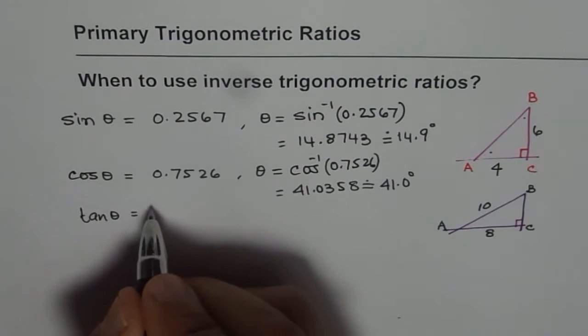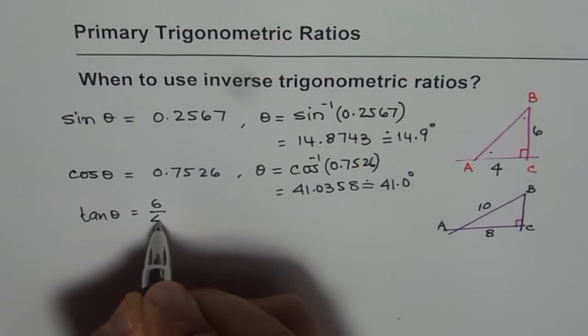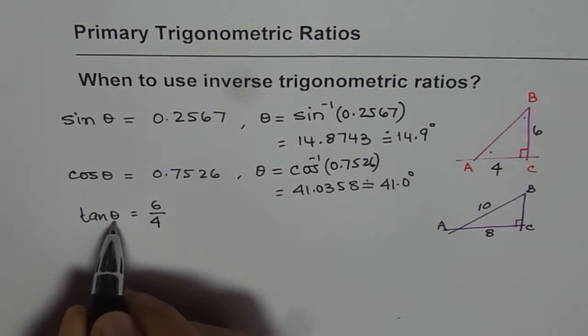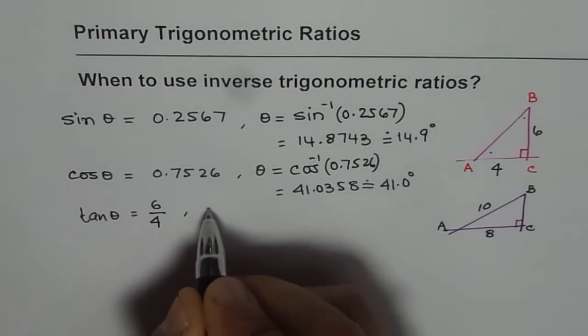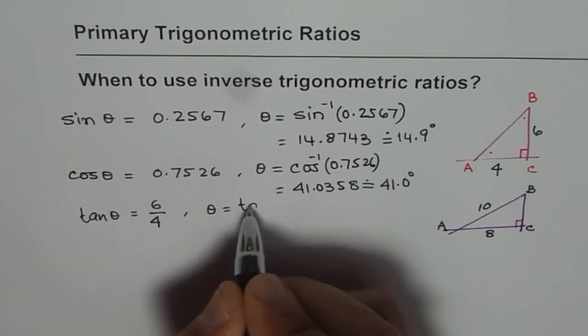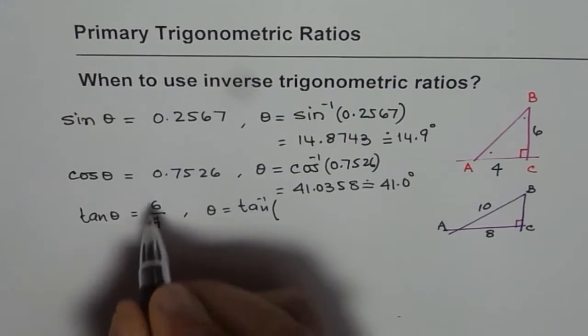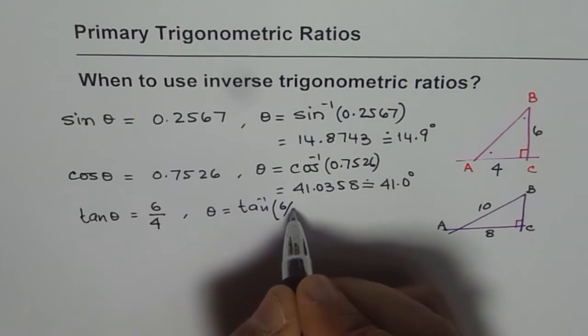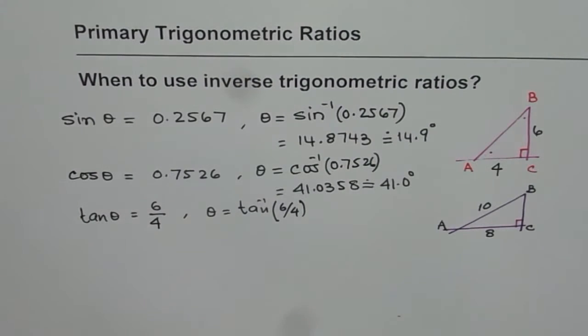So we know tan theta is 6 over 4, right? In that case, what is theta equal to? You can say, well, theta equals tan inverse of 6 over 4. You could simplify and then write it down, or you could use the fraction as such itself.